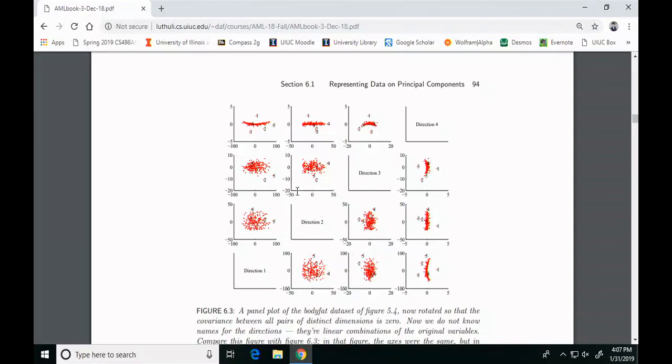These first 3 dimensions definitely have some form to them, so there's some variance in there. This guy, direction 4, doesn't have a whole lot of variance. That would be the component we'd probably get rid of.